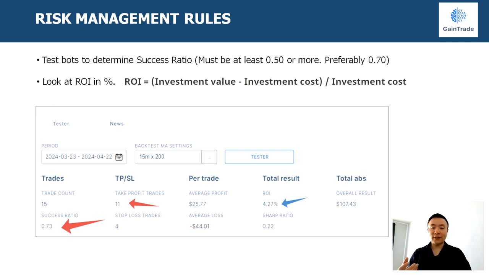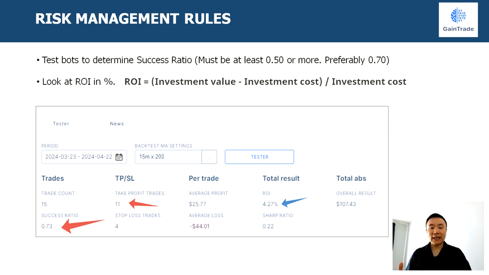Now, generally, we look for a success ratio to be at least 0.50 or more, basically indicating that the bots are 50% or higher in terms of success. Now, preferably, we like to see a success ratio of 0.70, indicating a 70% success rate.